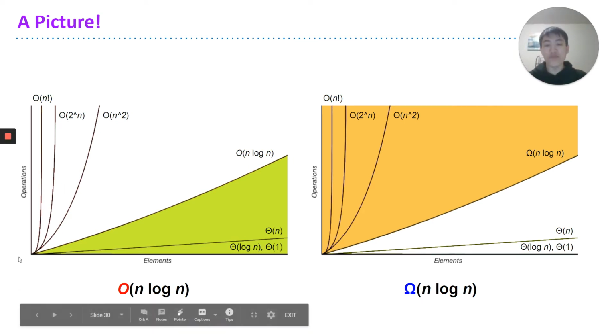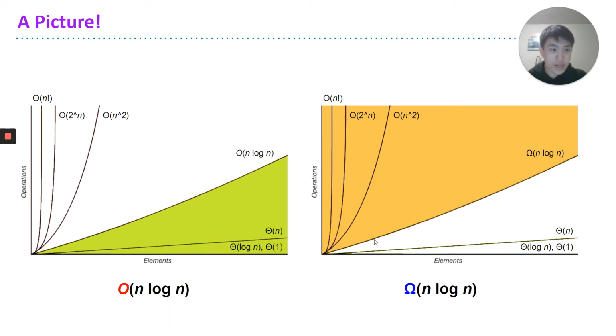For example, here O of n log n, any function that is upper bounded by n log n is part of O n log n. Inversely, any function that is lower bounded by n log n, or rather some multiple of n log n, is a part of big omega n log n.